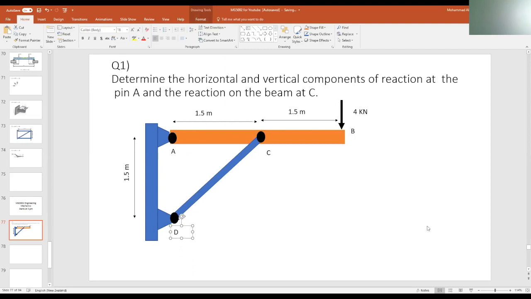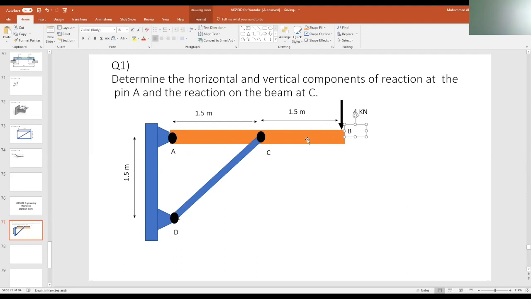And point C gives me 1 support towards DC. We can call it FC, for example. And at the free end, at point B, there is a 4 kilonewton force applied downwards, trying to push this orange beam, if we can call it a beam.